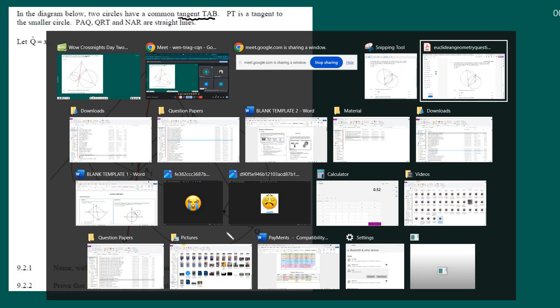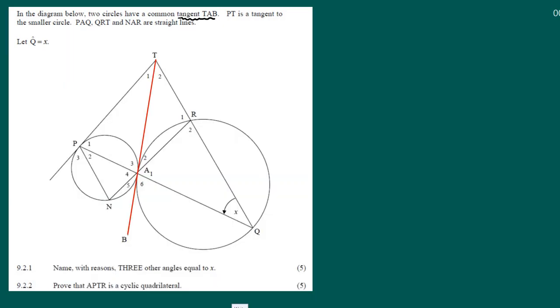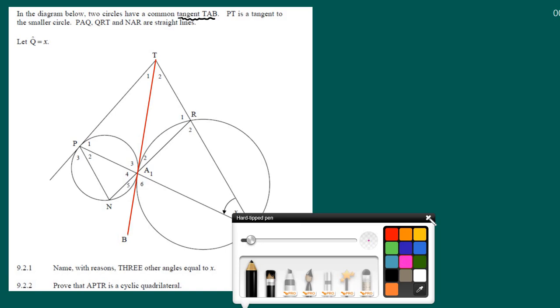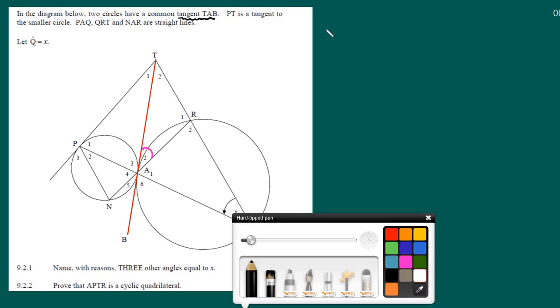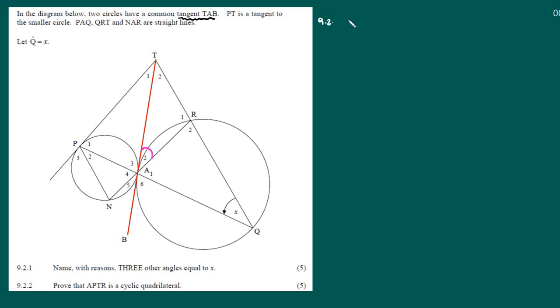I think A2 is equal to x. Let me check that one. A2, this one is equal to x. What's your reason, ma'am? Tan-Chord theorem. A2 is equal to angle Q, but please do indicate it's equal to Q first, then you say x. Tan-Chord theorem. That's perfect.